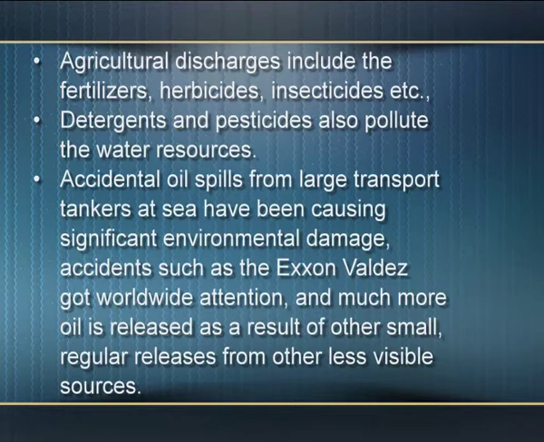Accidental oil spills from large transport tankers at sea have been causing significant environmental damage. Accidents such as the Exxon Valdez got worldwide attention, and much more oil is released as a result of other small, regular releases from other less visible sources.